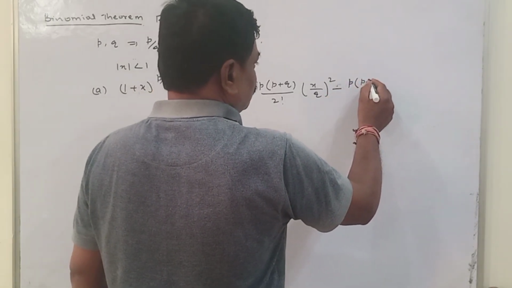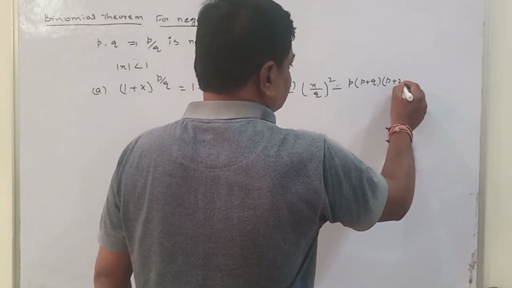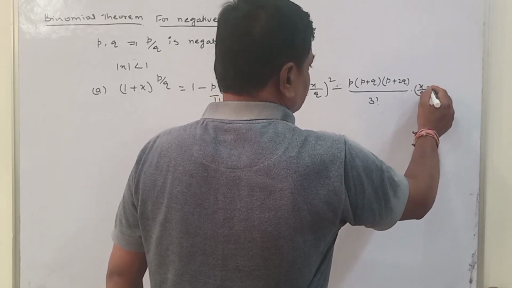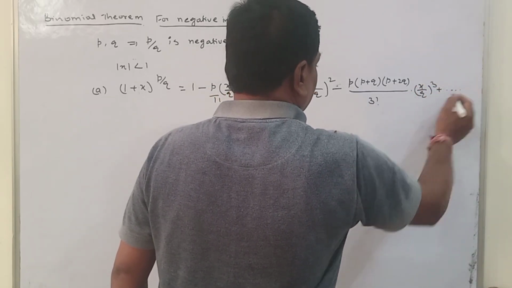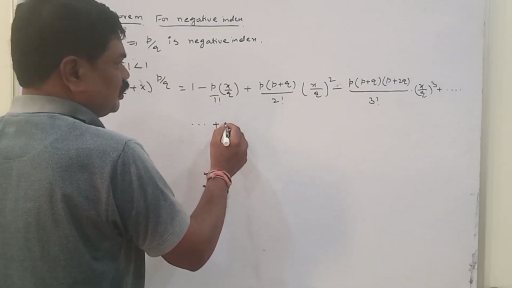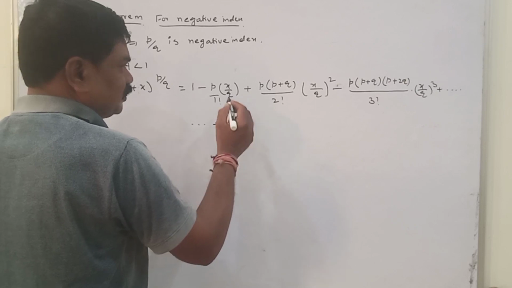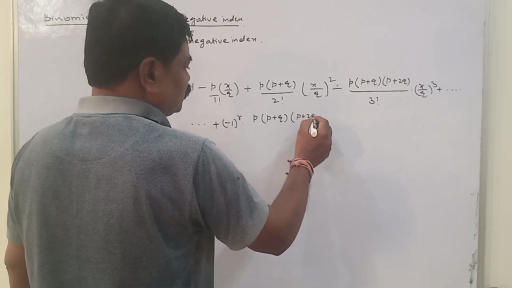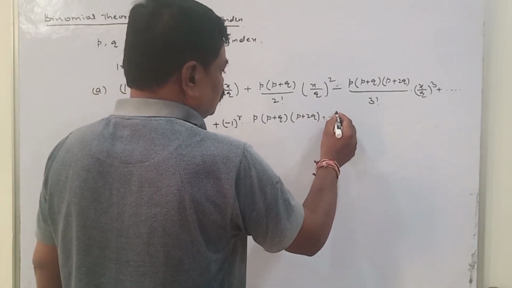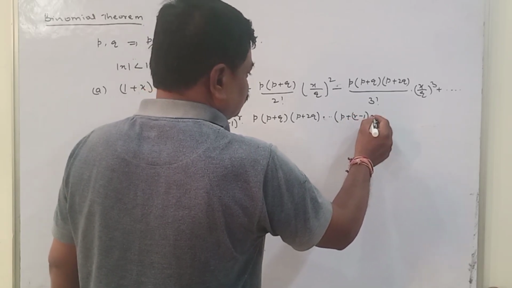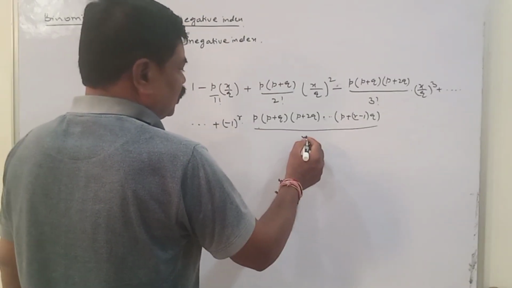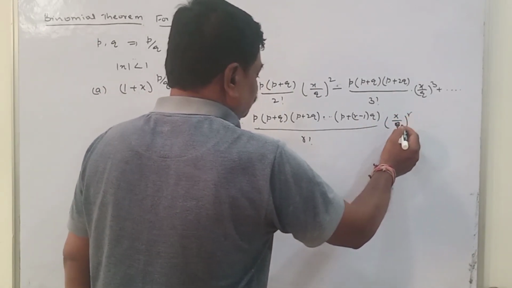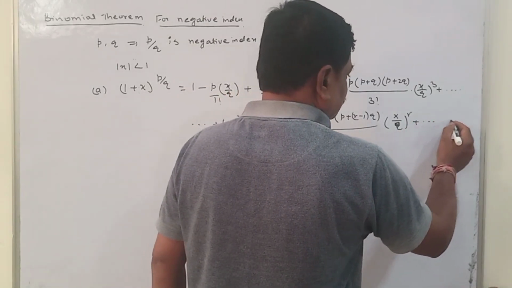minus p into (p plus q) into (p plus 2q) by 3 factorial into (x by q) whole cube, plus so on, plus (minus 1) whole power r into p into (p plus q), (p plus 2q), and so on, (p plus r minus 1)q by r factorial into (x by q) whole power r, plus so on up to infinity.